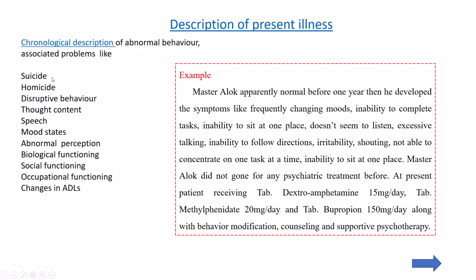His problem is he's shouting, he's roaming here and there. The patient is using bad words towards everyone, and also sometimes he is attempting suicide. So suicide or homicide we can write. Thought content may be hallucination or delusion, maybe delusion.